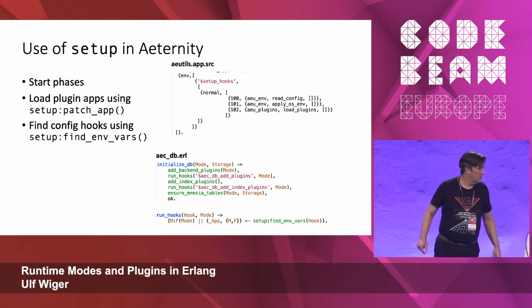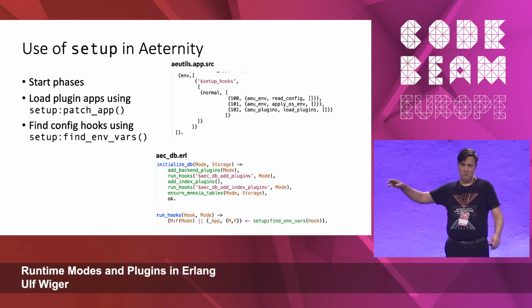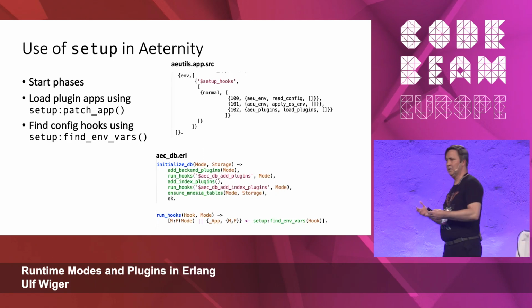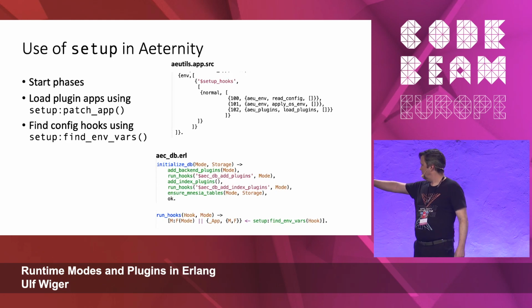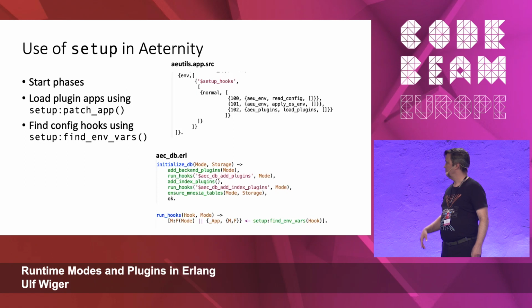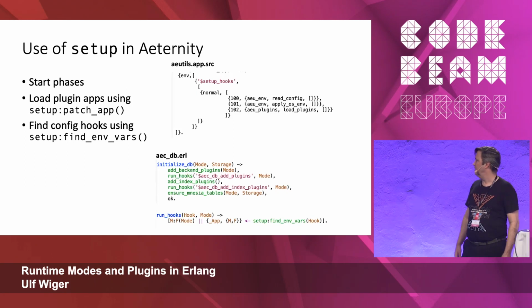It says run hooks, like add plugins. So you could possibly have an application that adds an index plugin or a database plugin into Mnesia. It calls on setup to find the environment variables, for example, AECDB add plugins. If your application has registered such a hook, it will be called then.